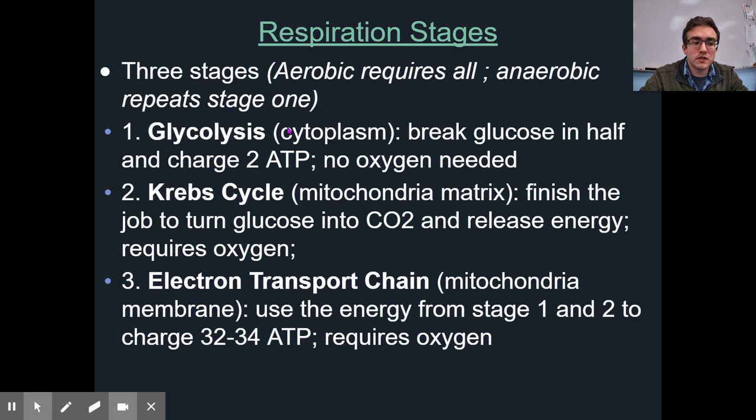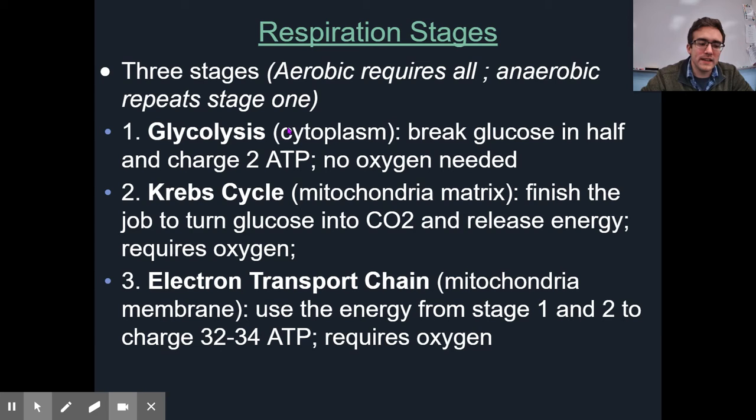Then stage 2 and 3 occur in the mitochondria, and this requires oxygen. So the Krebs cycle occurs in the middle of the mitochondria. We call it the matrix of the mitochondria. And what that does, the Krebs cycle, is it finishes the job to turn glucose into carbon dioxide, and it releases energy.